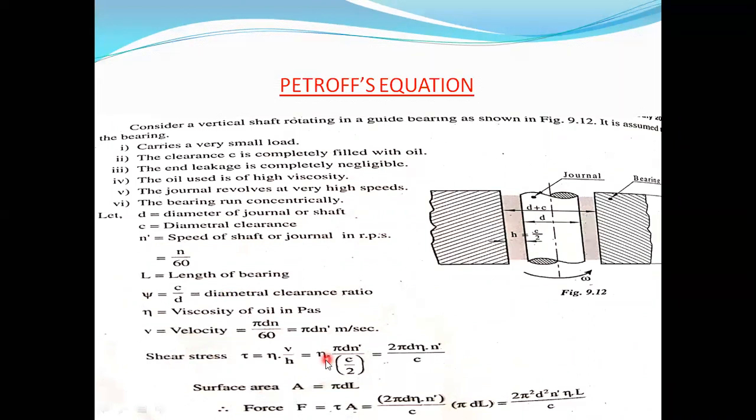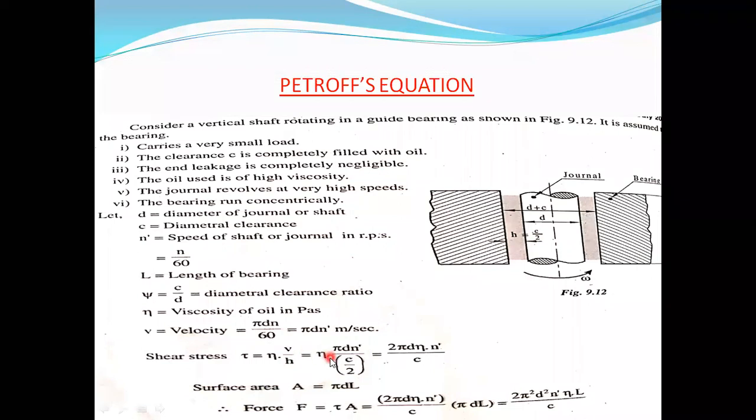First, we consider the shearing stress. The shearing stress tau is equal to eta into V divided by h, where eta is the viscosity of the oil, V is the velocity, and h is the distance, that is c divided by 2.